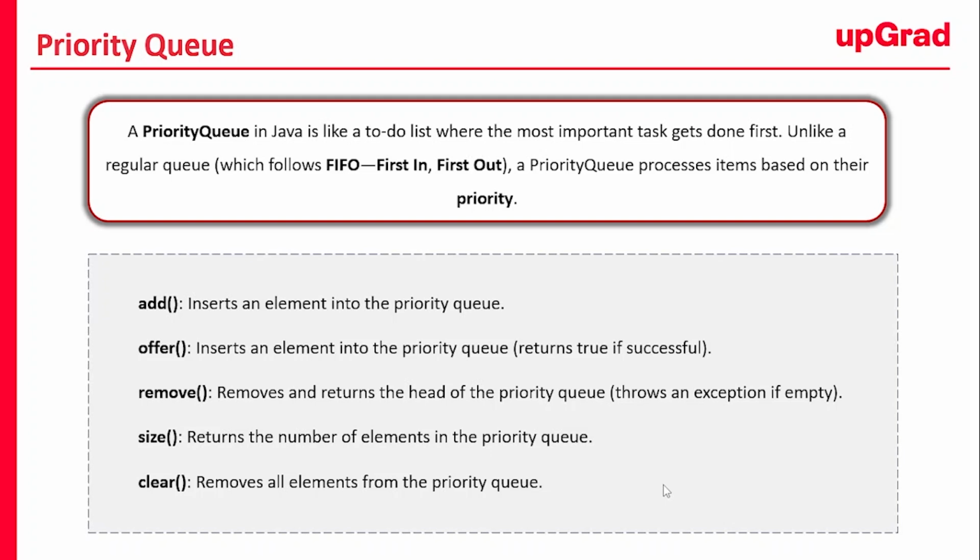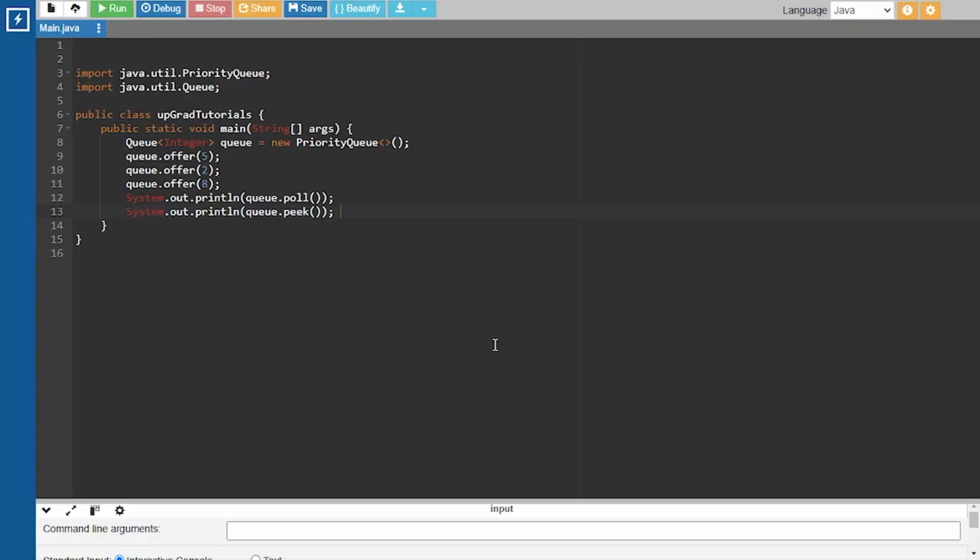Now let's have a look at it with the help of an example. This is the priority queue example. As you can see, it is pretty much the same as the queue, but the only difference is that here we are creating a queue that prioritizes smaller numbers.